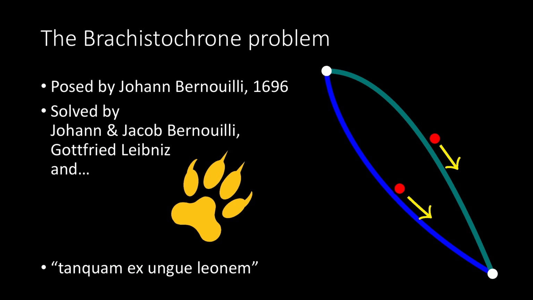And there was a mysterious anonymous entry to this problem. When Bernoulli saw the entry and the lovely mathematics that it had used, he said, I know who did this. Tanquam ex ungue leonem. We know the lion by his claw. The mathematics was so good, it could only have been one person who did this, Isaac Newton. And it was. So Newton submitted an anonymous entry, and all of these people solved this problem.